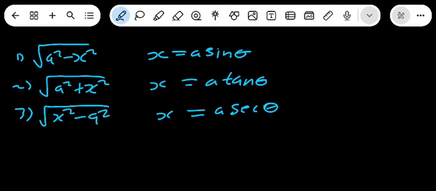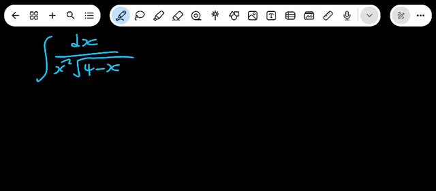Alright, let us apply this. Let's say now you're given the integral. How can you solve this? The integral dx over x squared multiplied by the square root of 4 minus x squared.